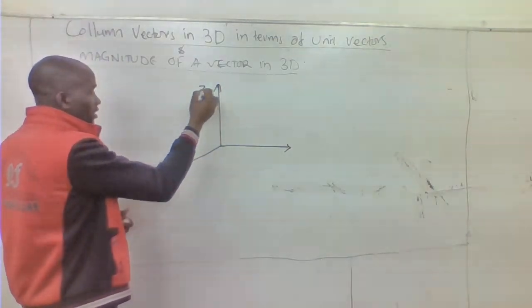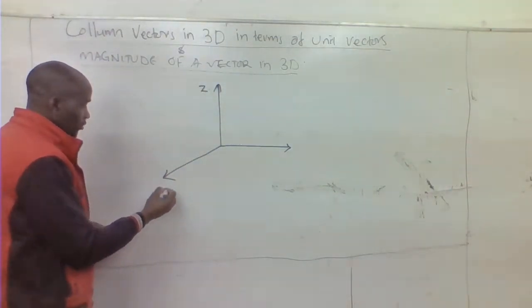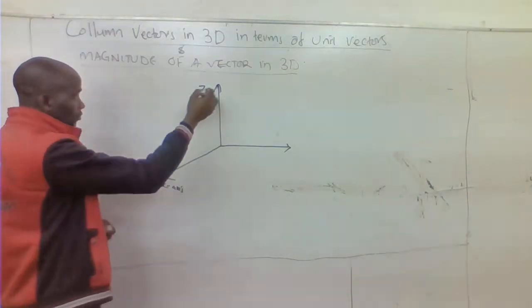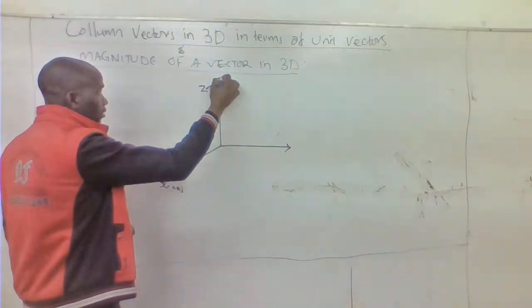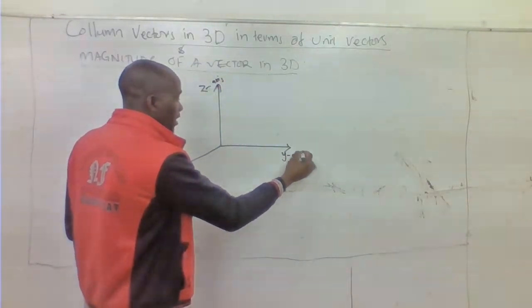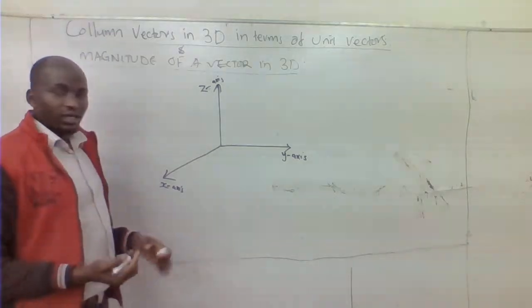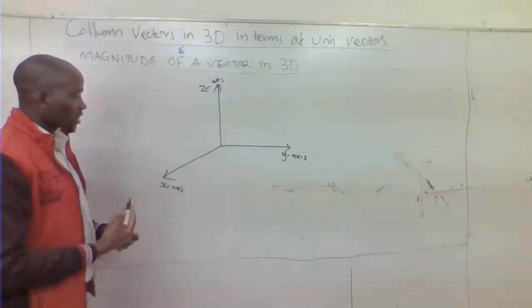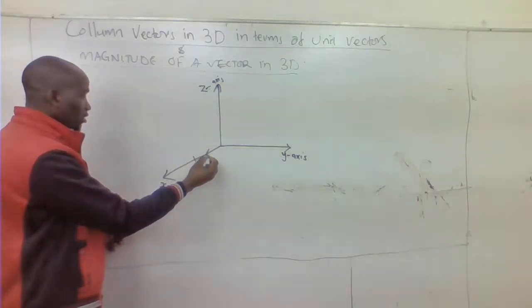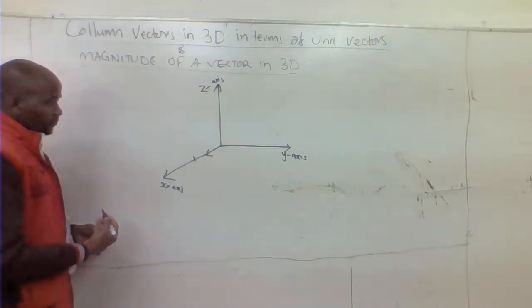So we take this one as the z-axis, this one will be our x-axis, then this one will be our y-axis. Suppose we have a displacement along the x-axis that is 1 unit. Let's say up to that particular point we have 1 unit.